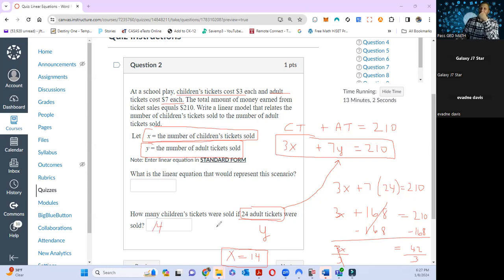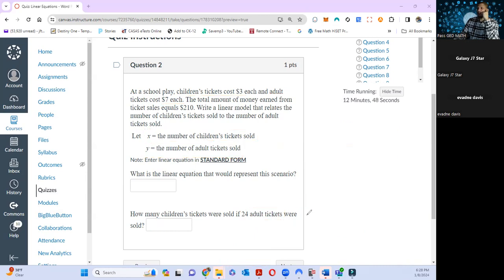Another way you could do it, if you have multiple choice, is just plug each one of them in until you get 210. What do you mean by that, Mr. Tinsley? Let's see. Say I had multiple choice, and A was 10, B was 12, C was 14, and D was 15.